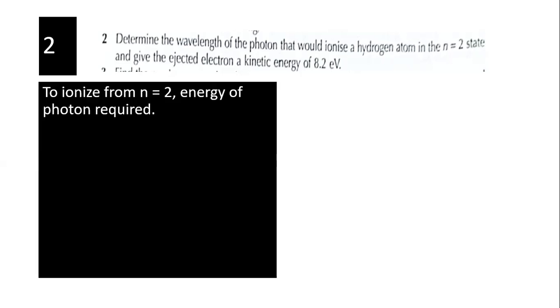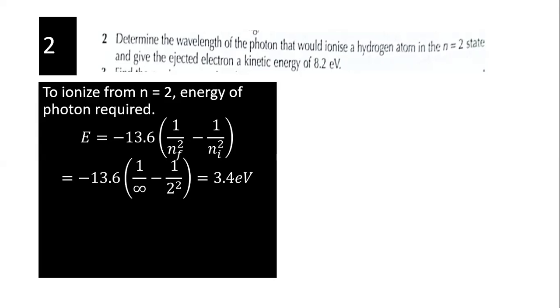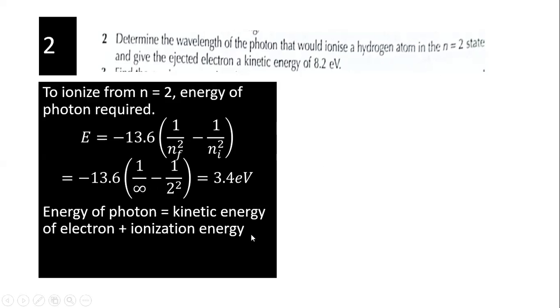To ionize from n equals 2, the energy of the photon required, you can use the same formula. When it's ionization, the final one must be infinity. The initial one is 2. So you get 3.4 electron volt. Energy of photon equals kinetic energy of electron plus ionization energy.